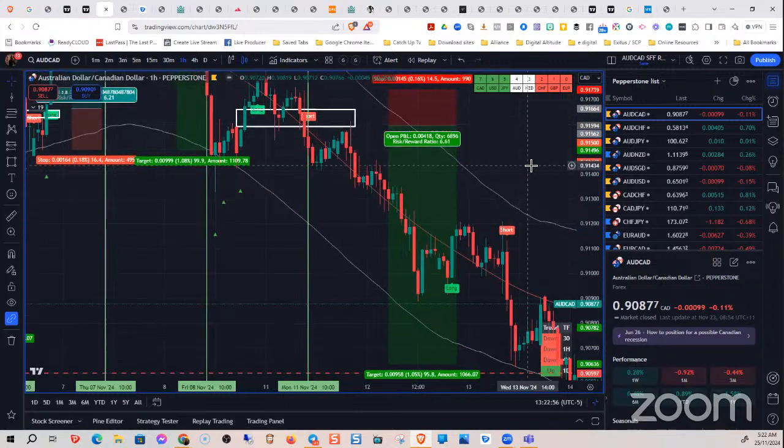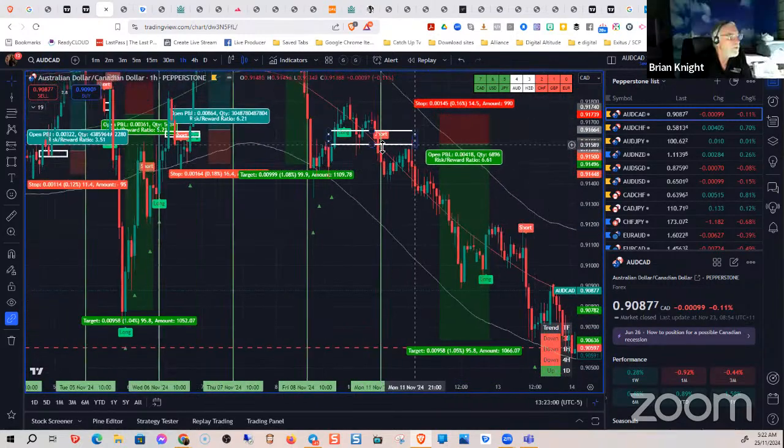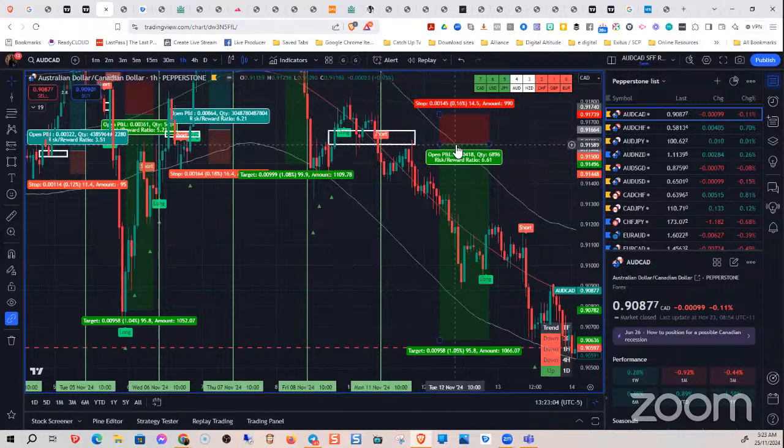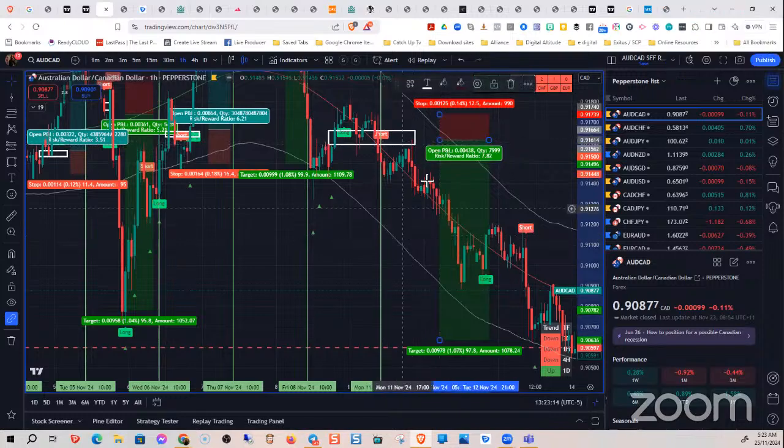Yeah, but your entry is not correct. Wouldn't you enter at the bottom of the fair value gap? I personally wouldn't. I would enter at the red wick. You mean just up here, that one? No, going over, in the middle, over a couple.